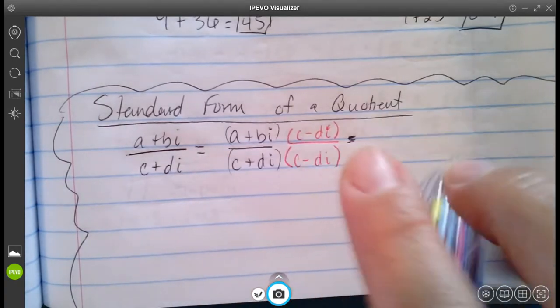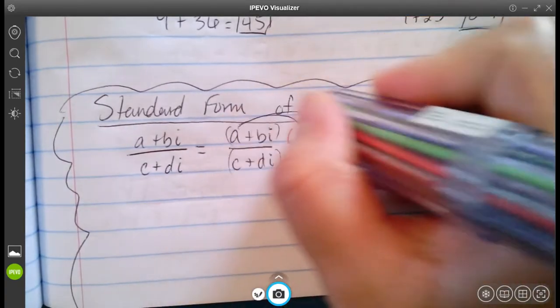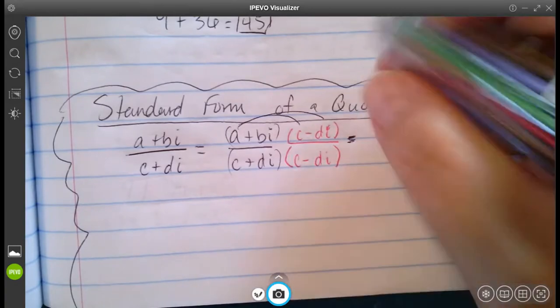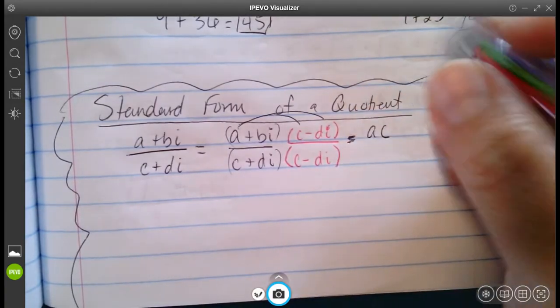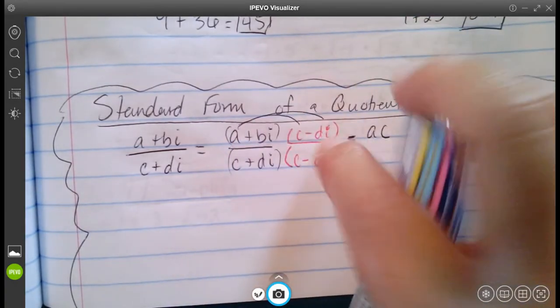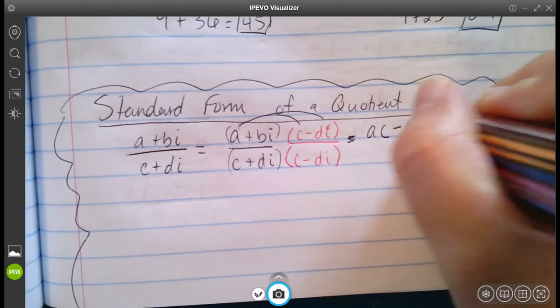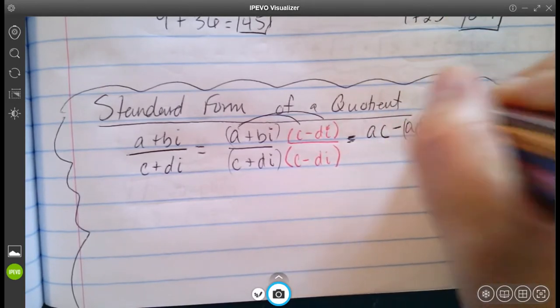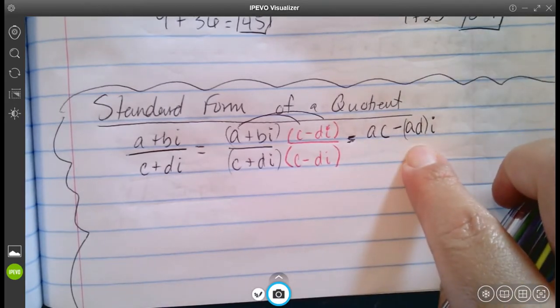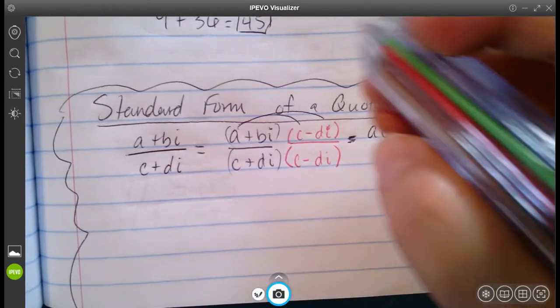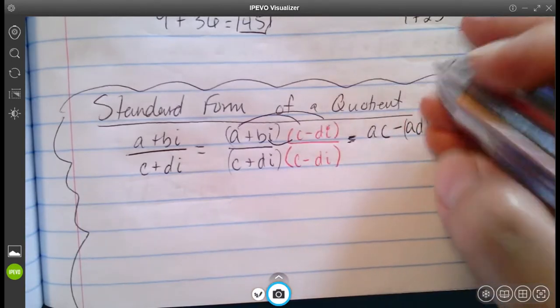So a times, we'll go ahead and go step by step. So we have a times c, which would be ac, okay? And then a times negative di would give us minus adi. And you don't have to put the parentheses there if you don't want to. It's a habit. Okay, then we have the inside, so bi times c.